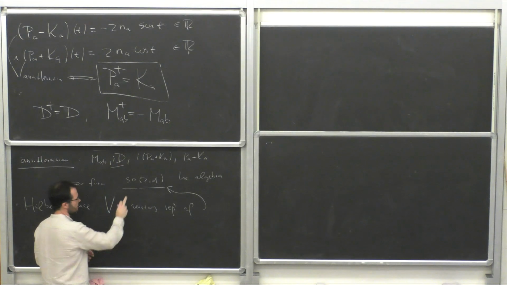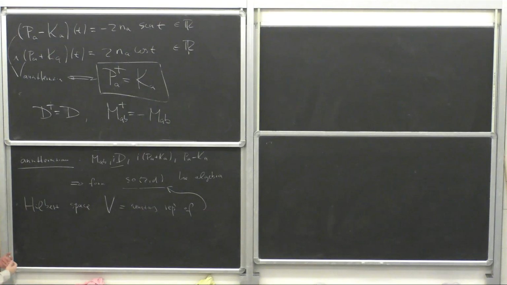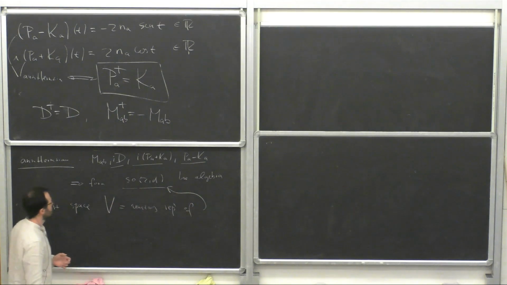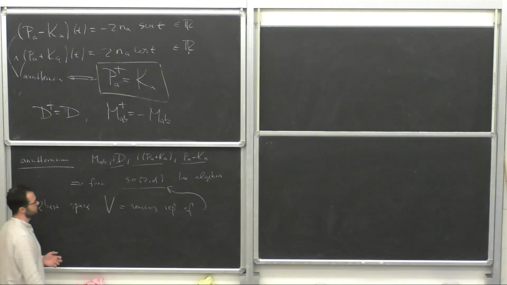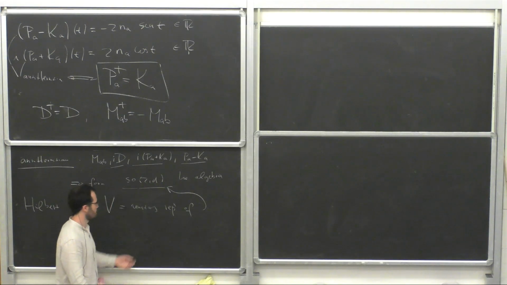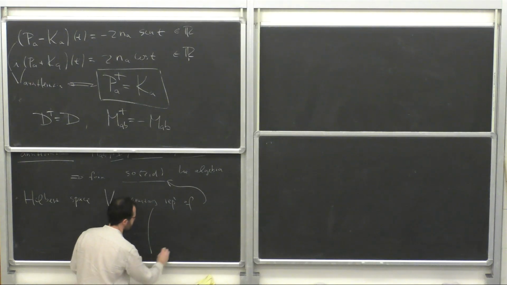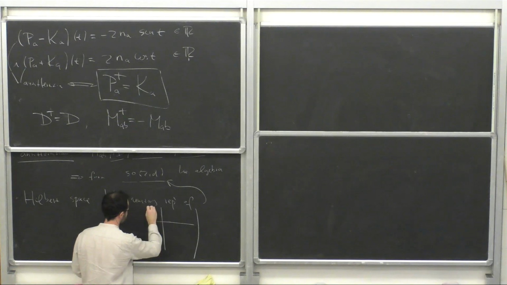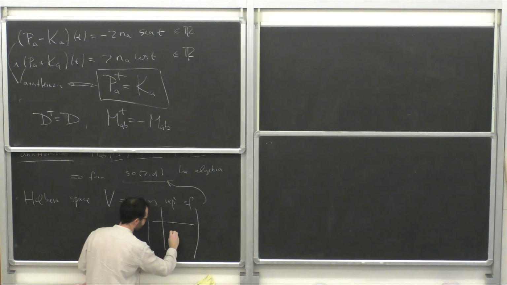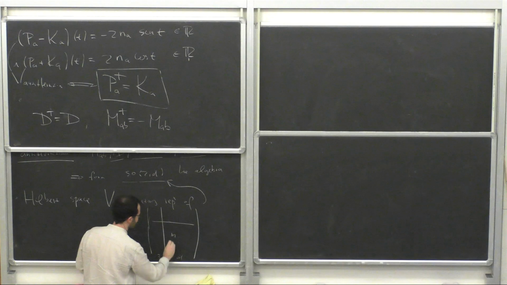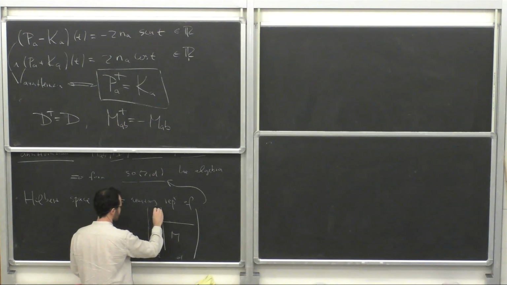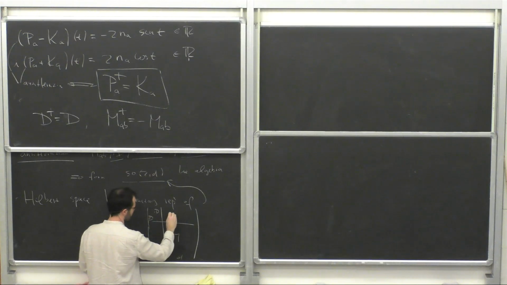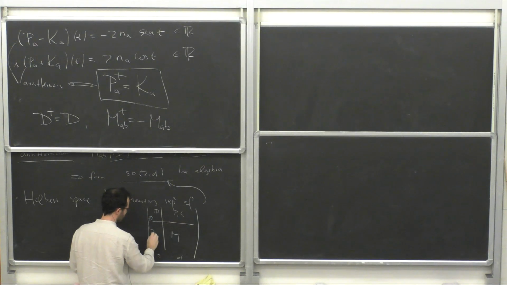Then P and K live in the off-diagonal pieces of SO(2,d). Let me draw it again. We have this picture, SO(2) times SO(d), the same picture as before, except now this is 2 and this is d. This is M, this is iD, and here we have P and K mixed up in some way.